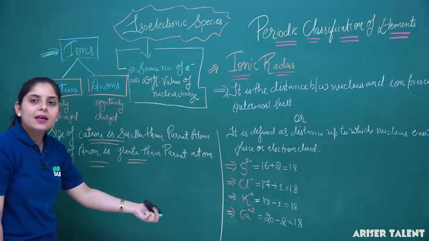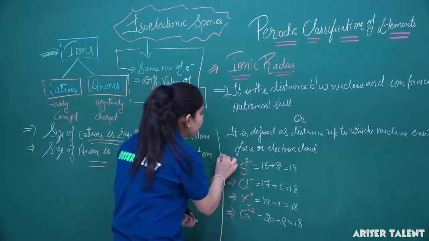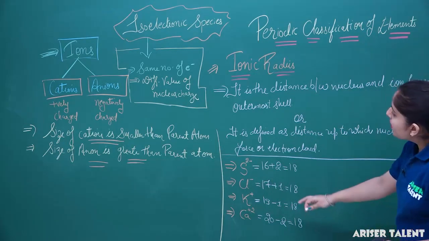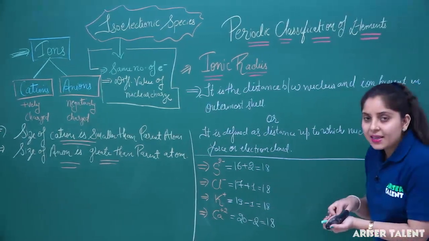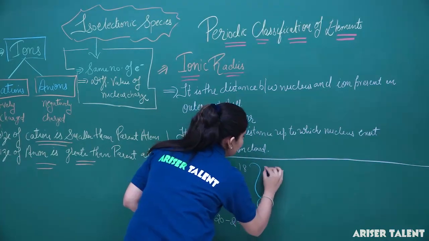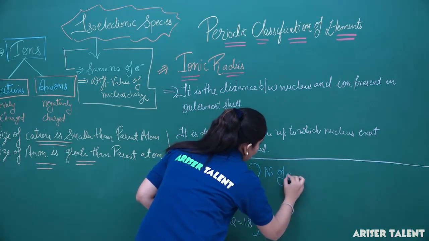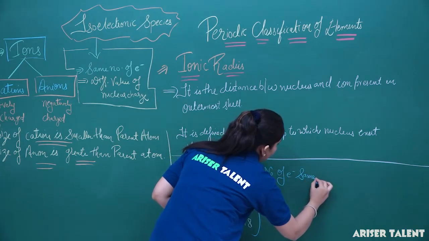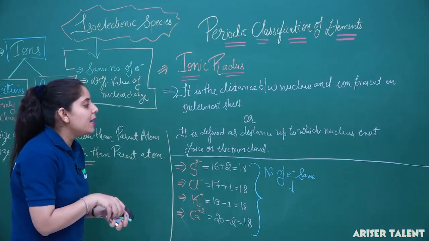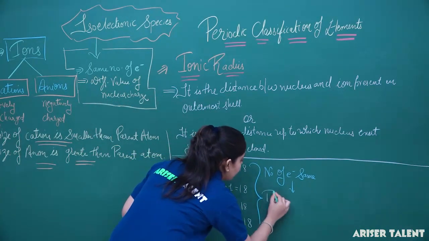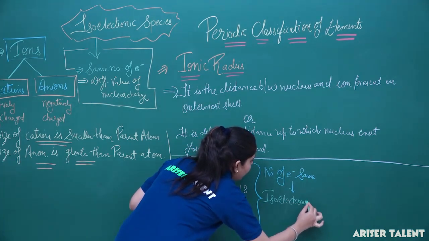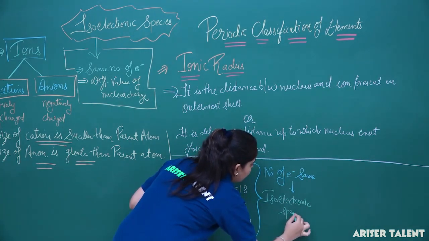So you can see here the number of electrons in these cases is the same. If the number of electrons is the same, we can say that these species are isoelectronic species.